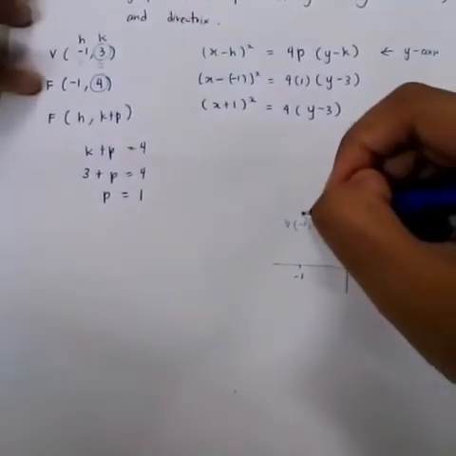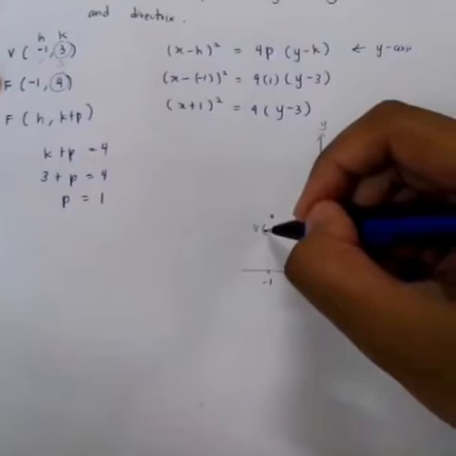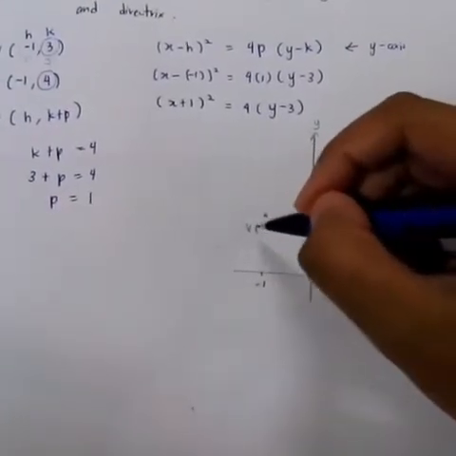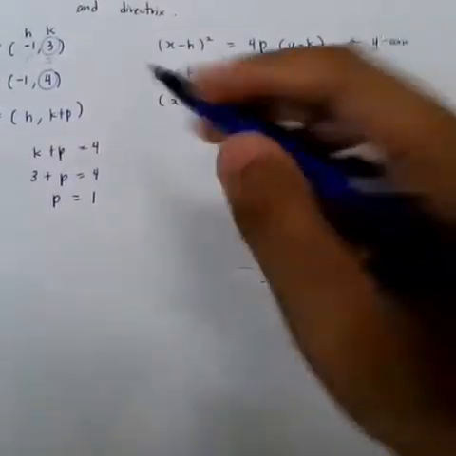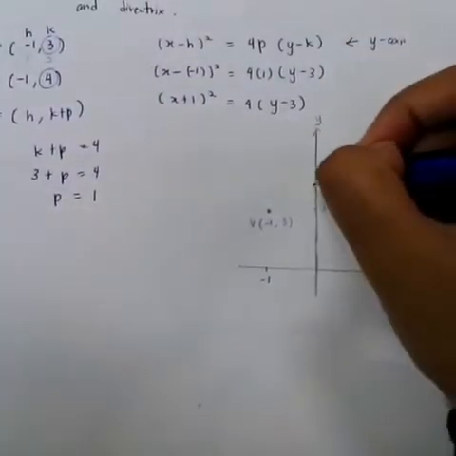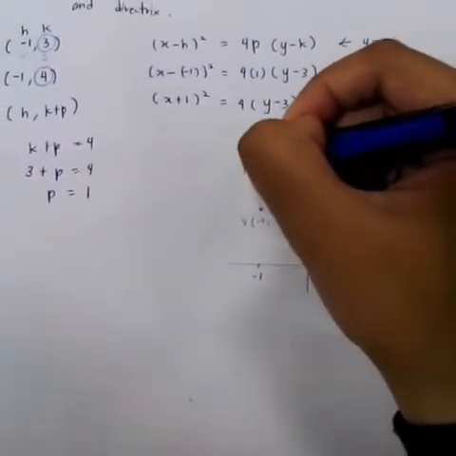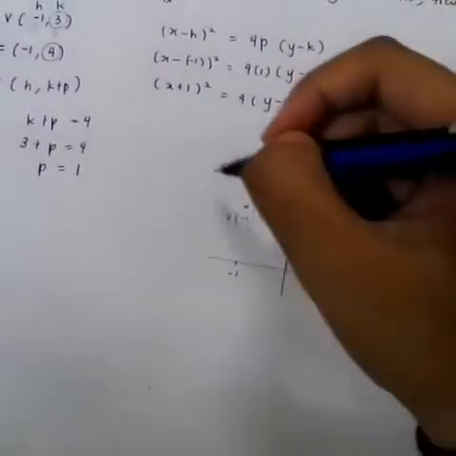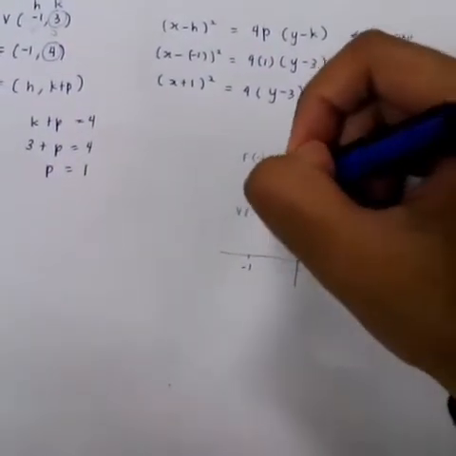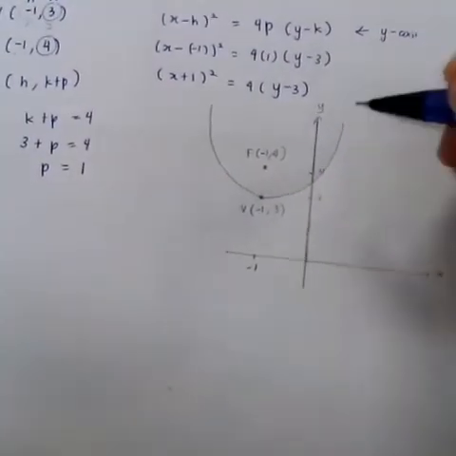After we draw V, the vertex point, next is the focus point. The focus point's y value is 4. To draw, we must start with the vertex, so it becomes a U shape.